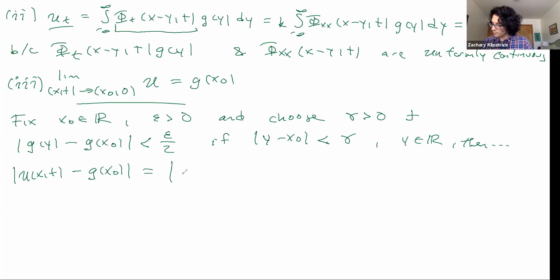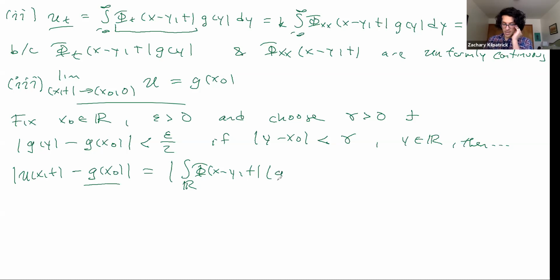Well, just plug in the formula that I have. And that's going to be phi of x minus y,t, okay? And because phi integrates to 1, I can treat this term as the integral over phi multiplied by this. It's just like multiplying through by 1.